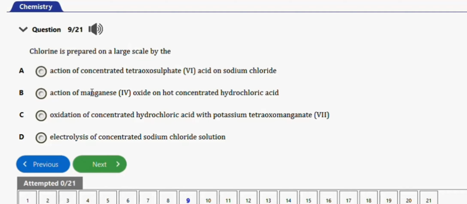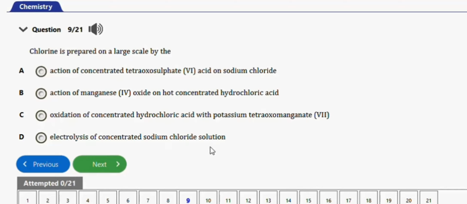No. Action of manganese(IV) oxide on hot concentrated hydrochloric acid. No. Oxidation of concentrated hydrochloric acid with potassium tetraoxomanganate(VII). No. We have electrolysis of concentrated sodium chloride solution. Yes, the right option is option D, guys.